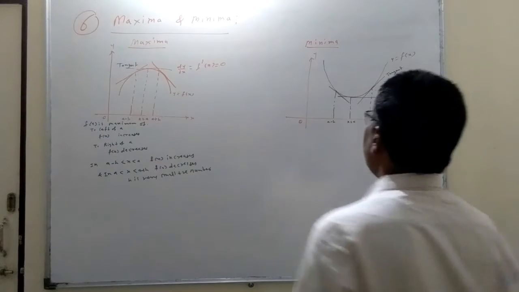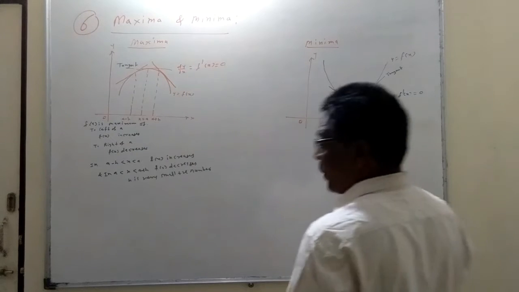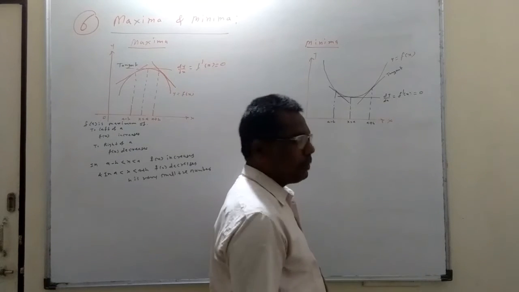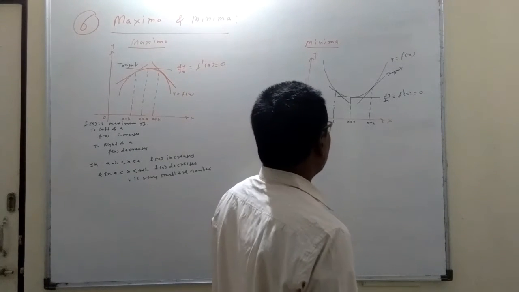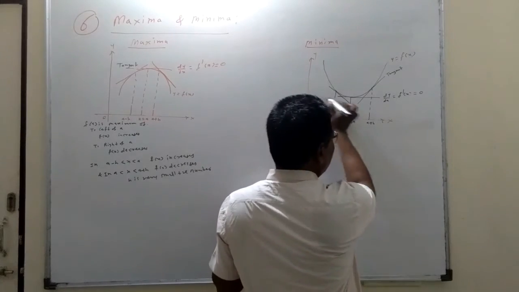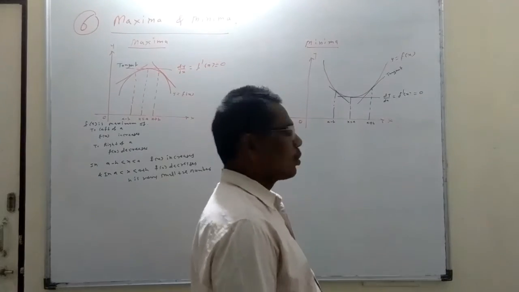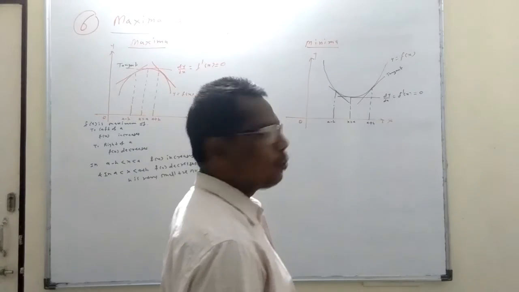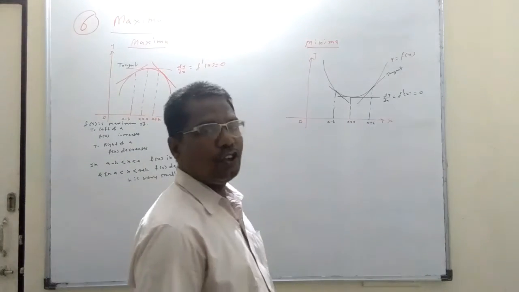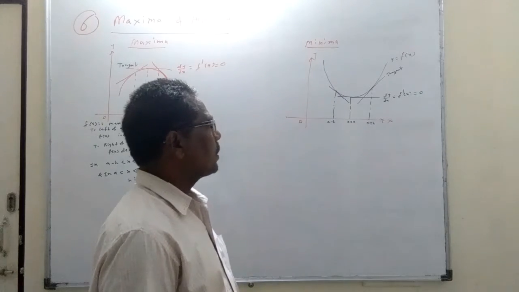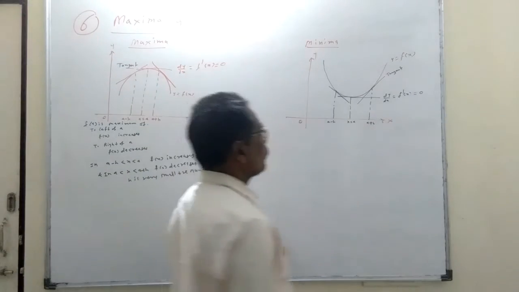Similarly, for minima, that is, when we will get the minimum value of the function. At the minimum also, if we draw the tangent to the curve, the tangent is parallel to the x-axis, and the slope of the tangent is 0, meaning dy by dx, f dash x, is equal to 0.